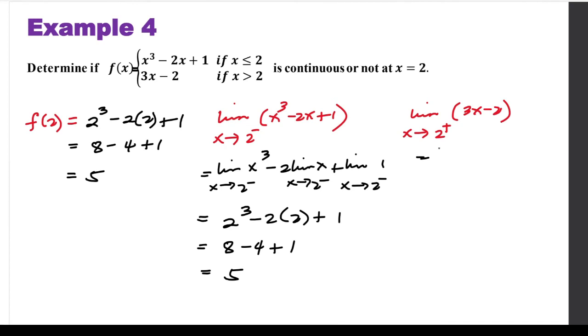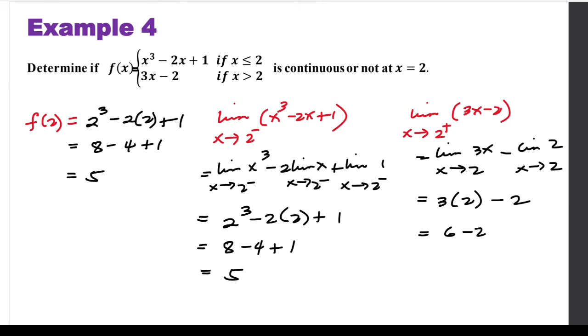So we can have the limit of 3x as x approaches 2 minus the limit of 2 as x approaches 2. And therefore we have 3 times 2 minus 2. So we have 6 minus 2, and therefore we have 4.